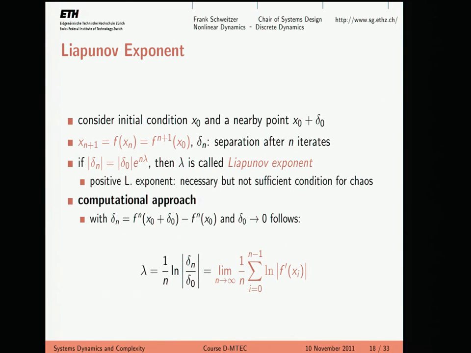So you push your initial condition to the left or to the right by the amount of delta 0, and that delta 0 is very small. What you're interested in knowing is what happens to this initial fluctuation, to this initial shock. Does it grow or does it die out? If it dies out, then we say there's no chaos here. If it grows indefinitely, then we say that it's chaos.